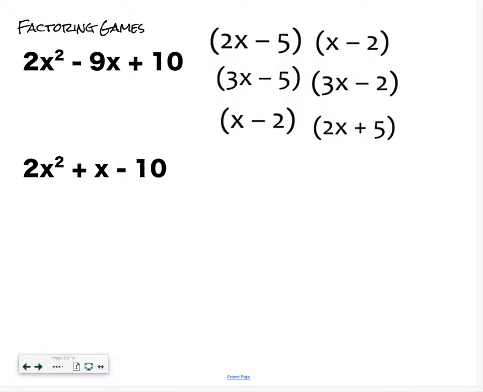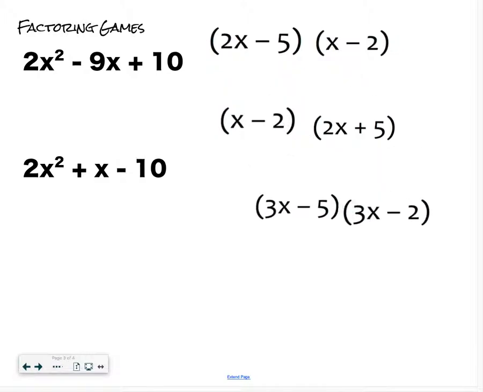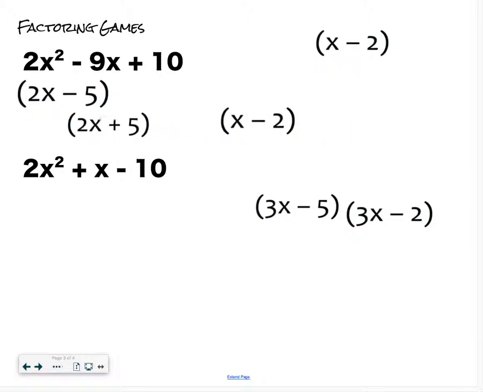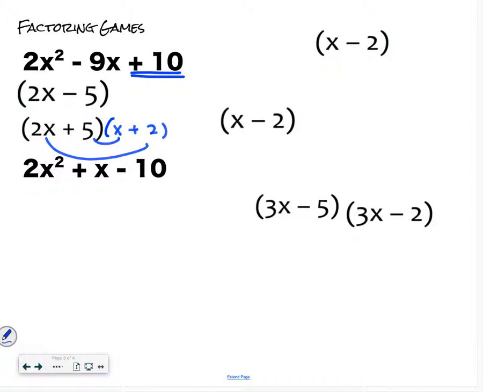So if I have 2x squared minus 9x plus 10, I know that I'm not going to use the 3x and the 3x here. Instead, I probably want to start out with a 2x. So I have two possibilities, 2x minus 5 and 2x plus 5. In order to make the +10 on the end, I would need basically an x plus 2, but my outer and inner aren't going to work for me in that case. I need to make a negative on the inner, okay? So students are seeing this without drawing things.